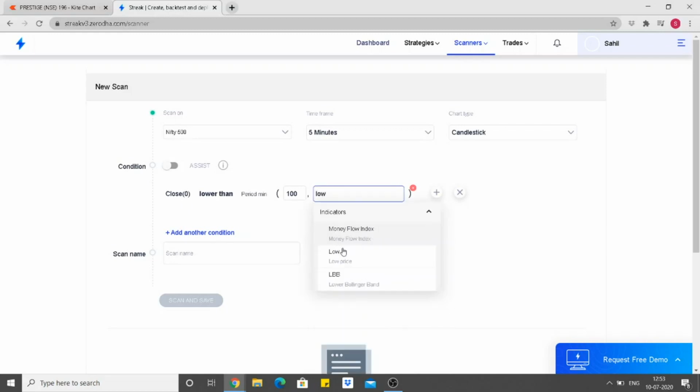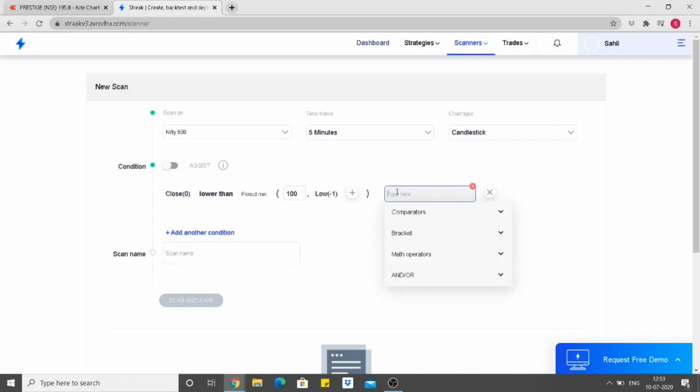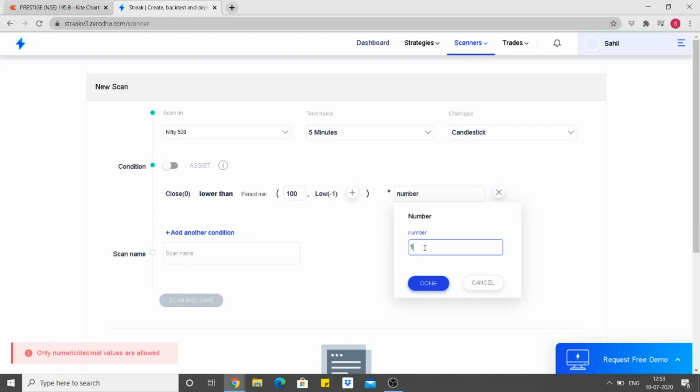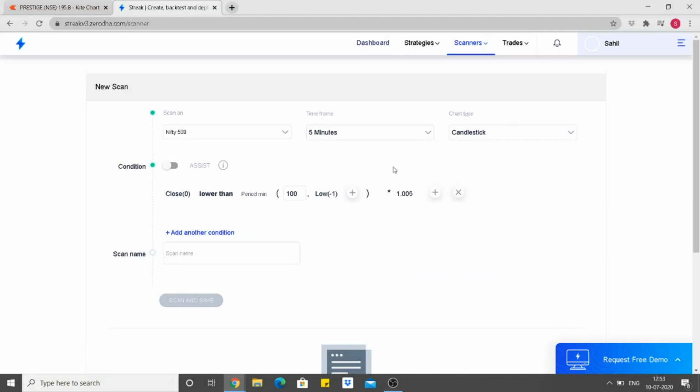Therefore, I will input low over here with an offset of -1, because we do not want to consider the current candle. We want to compare the current candle with the last 100 candles, right? Into number 1.005.